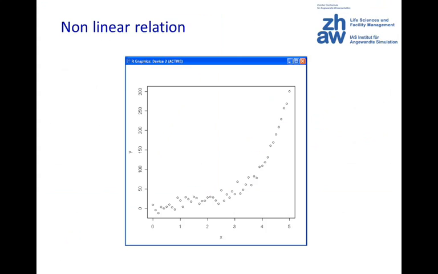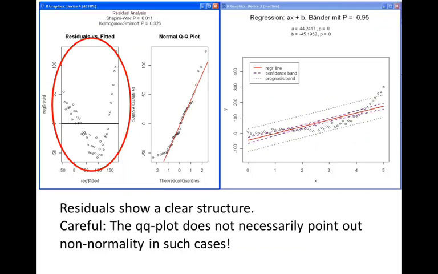Then we have another case, non-linear relation, very clear here. So a regression model will capture some of it, but it will definitely not understand the full structure. Anyway, it is possible that your slope as well as intercept are highly significant, as in this case.